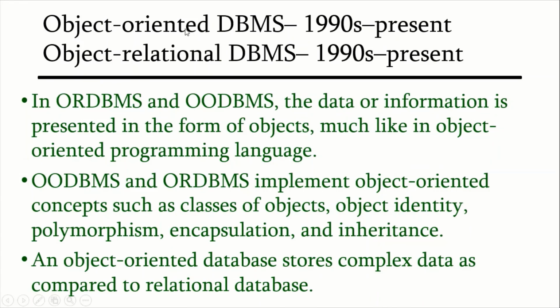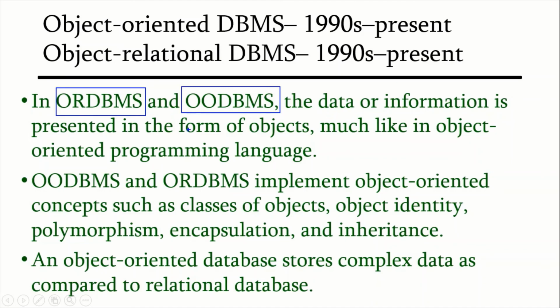Now, then comes object relational and object oriented DBMS, called ORDBMS and OODBMS. There are certain differences between these two DBMSs, but we are not studying them in detail. I want to give you some of the points which are common to ORDBMS and OODBMS.